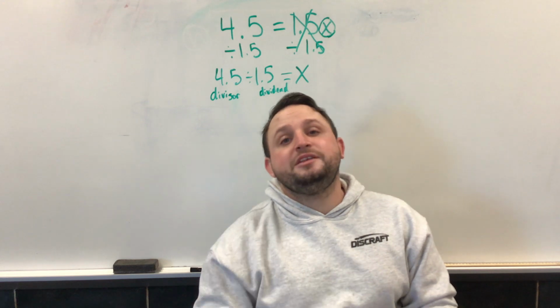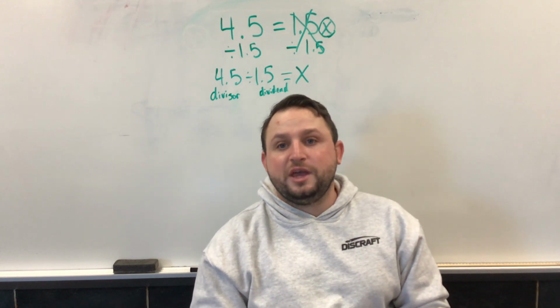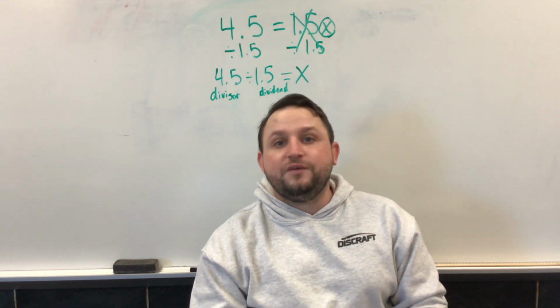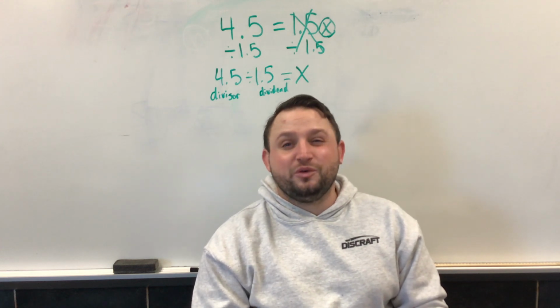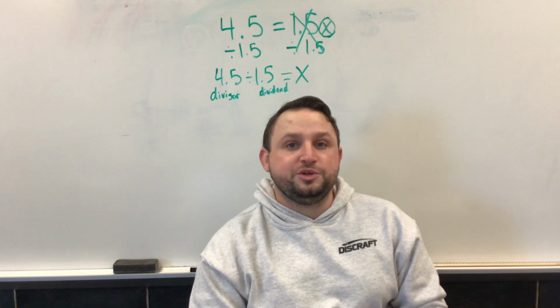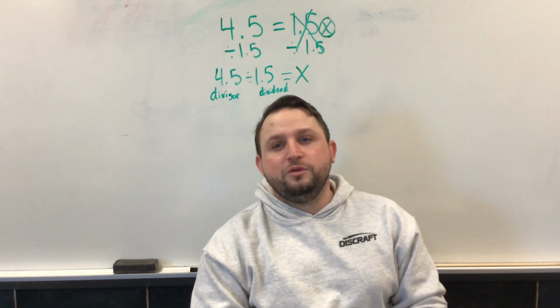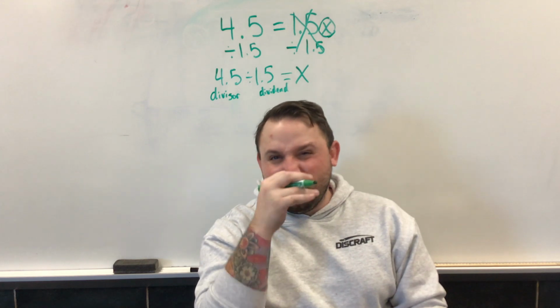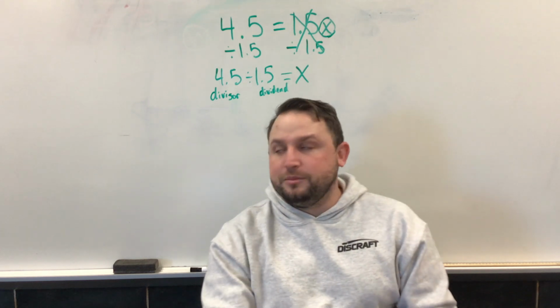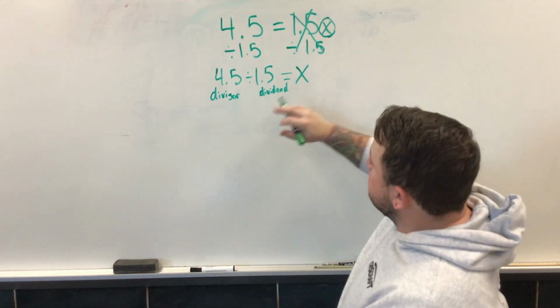Well, when you have a dividend that has a decimal, you cannot divide by a decimal. Okay? You have to make that decimal into a whole number. So you have to turn your dividend into a whole number by moving the decimal point all the way over to the right of the numbers. What that means is this, okay?